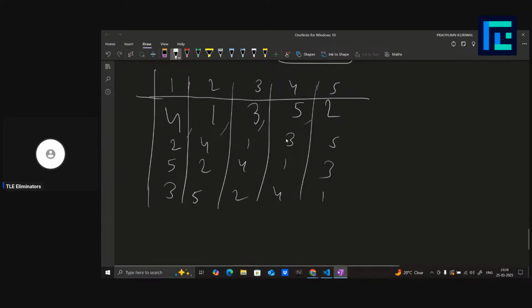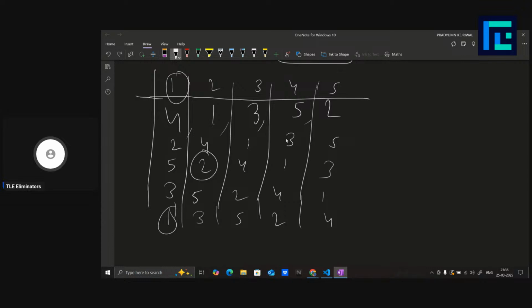Here 4 is matching, and in the end 1, 3, 5, 2, 4, where 1 is matching. I am just encircling these matching indices, so as you can see, that's how it works.